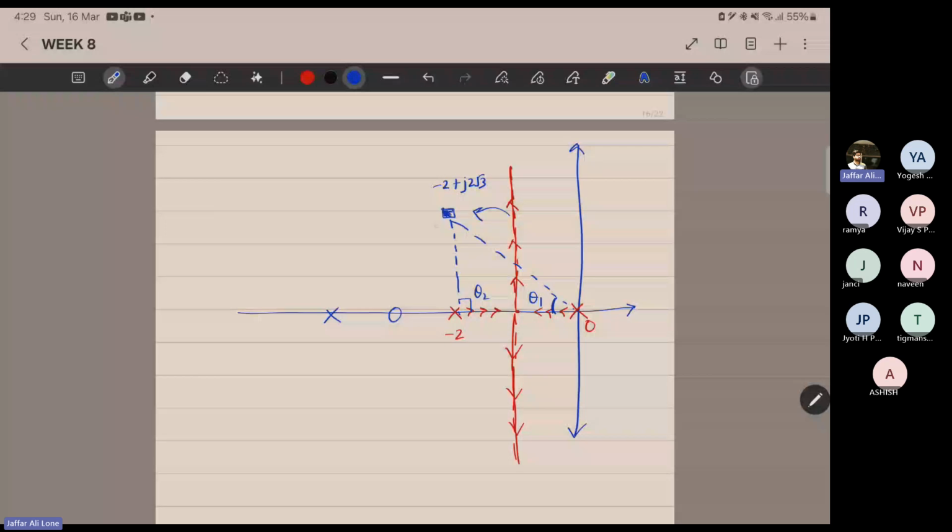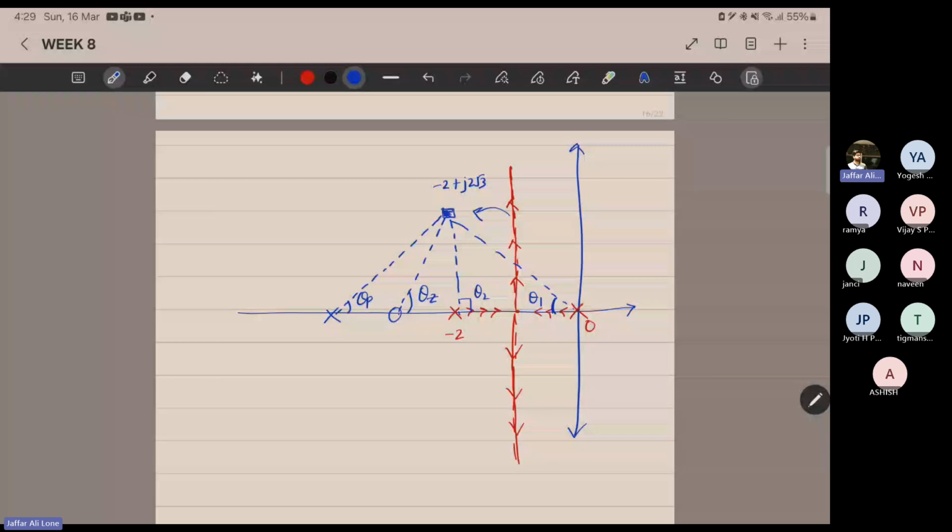There will be an angle contribution from my zero, that is theta z, and an angle contribution from my pole, that is theta p, right? We know that theta z gives the positive angle contribution and theta p gives the negative angle contribution.